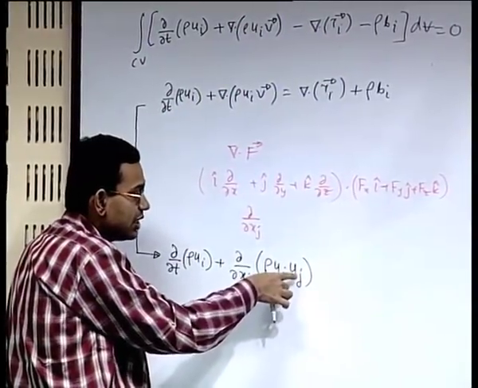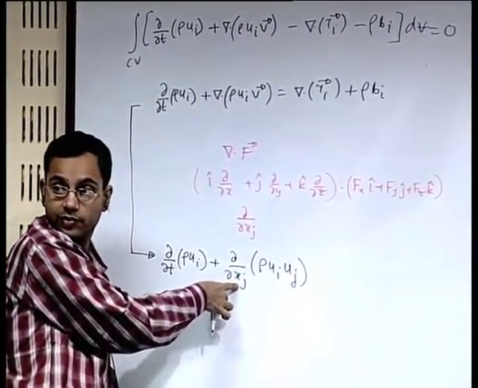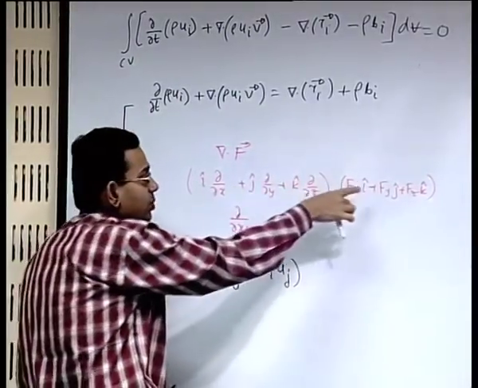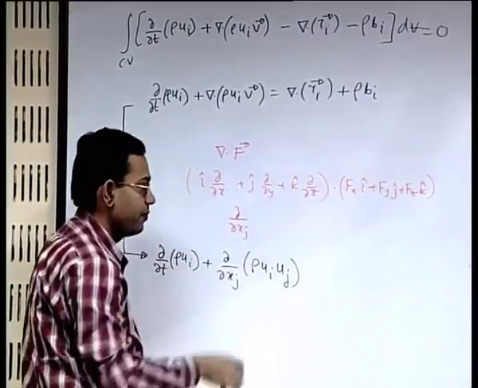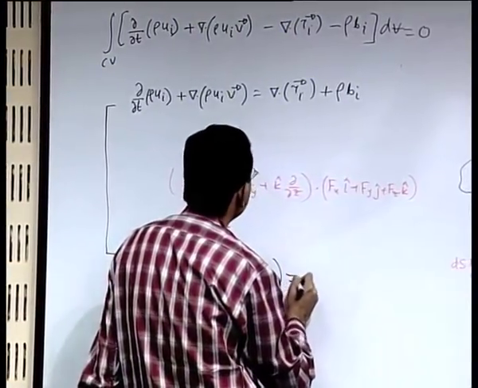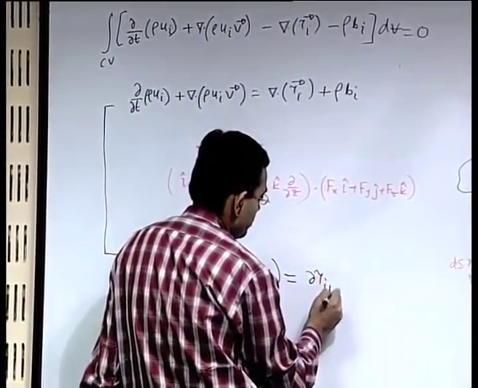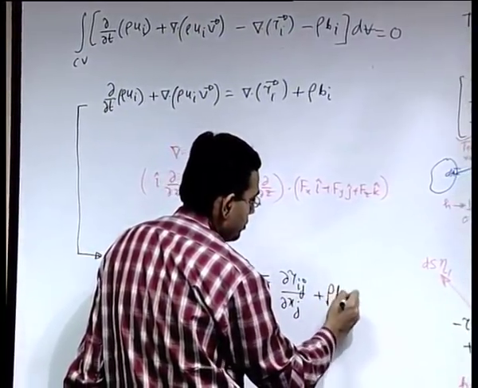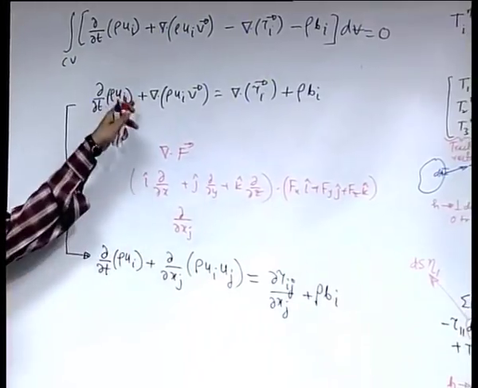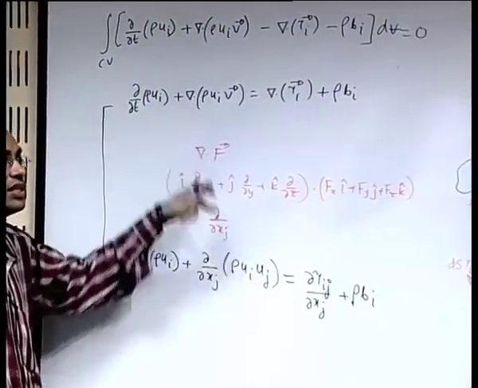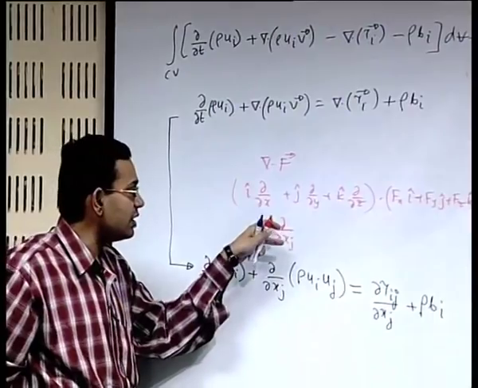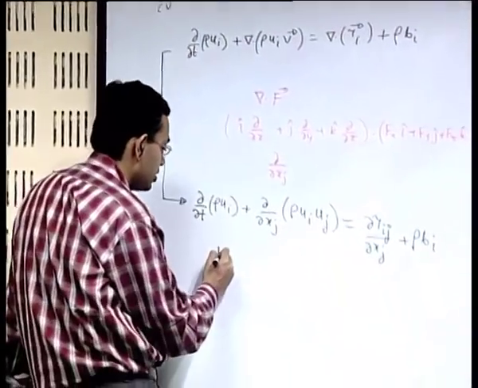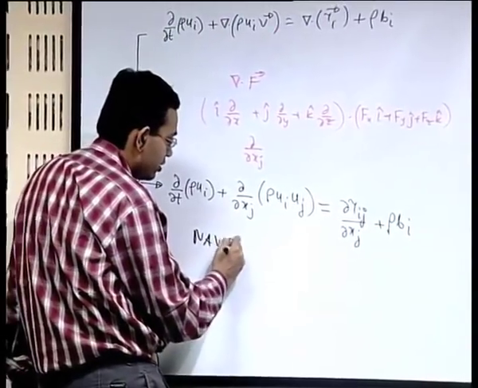So, you are differentiating the jth component with xj, just like you are differentiating the x component with x, y component with y, z component with z. There is no difference between these two; we have just written the divergence operator using the index notation. This equation is known as Navier's equation of equilibrium.